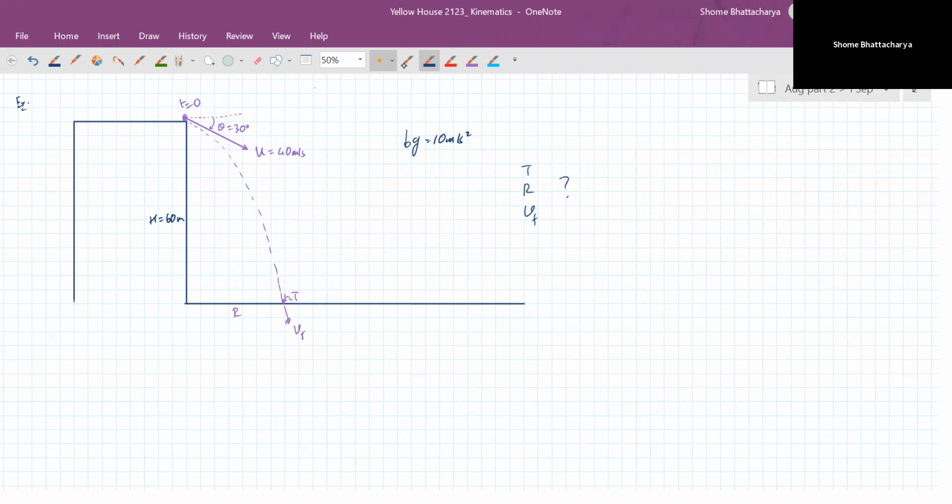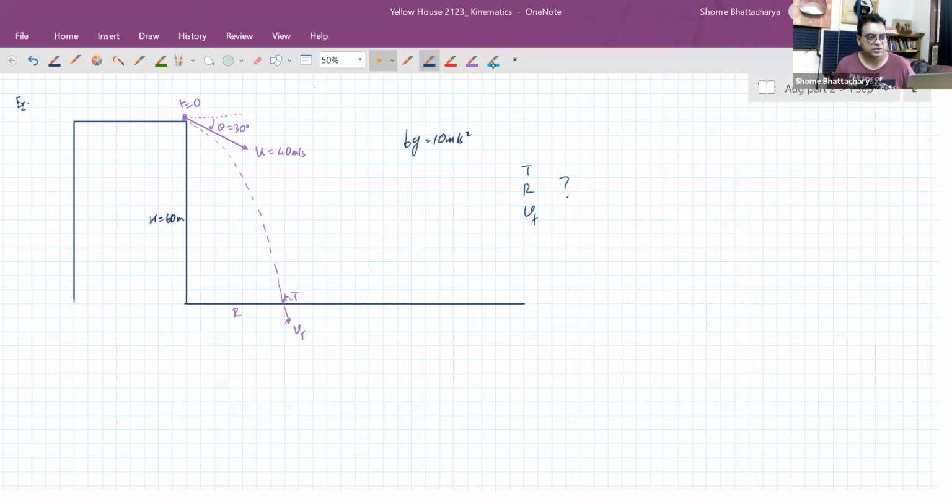Okay, so let's work out the solution of this question. Now, in this example, I'll take the y-axis downwards because the object is going down straight away. Initial velocity has a downward component.